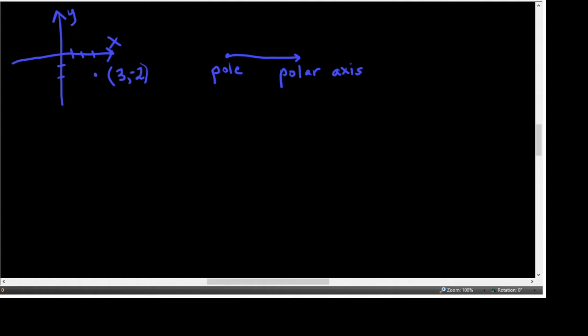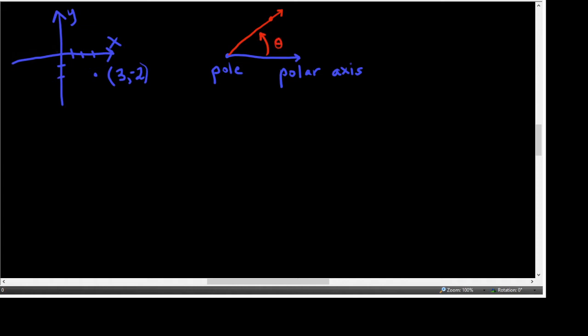And the other part of the coordinate is how far you are from the pole. So let's say we have a point right here. If I were to draw a ray from the pole through that point, then the angle from the polar axis will be measured, and we'll call that theta.